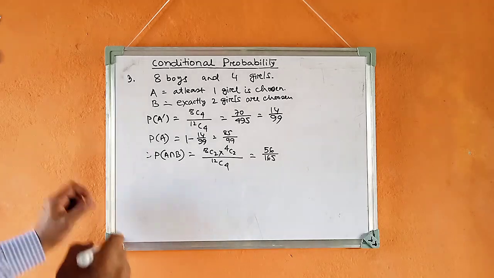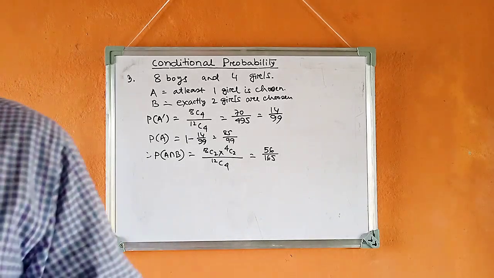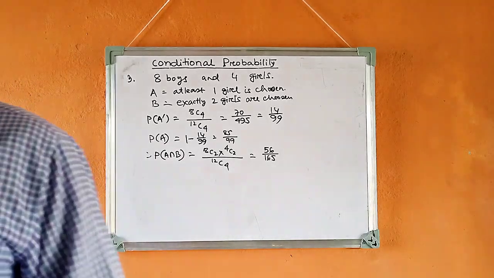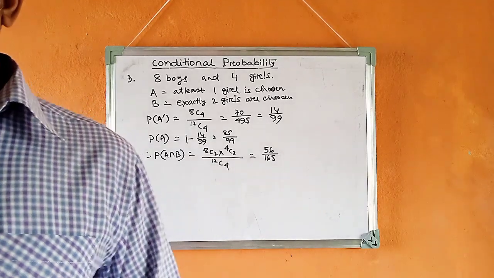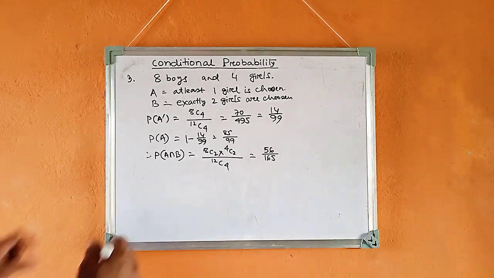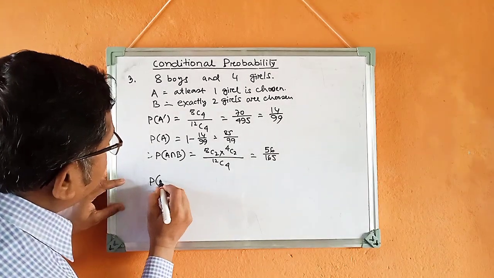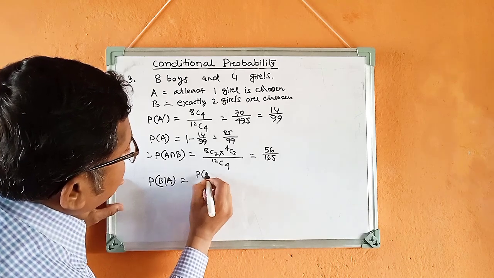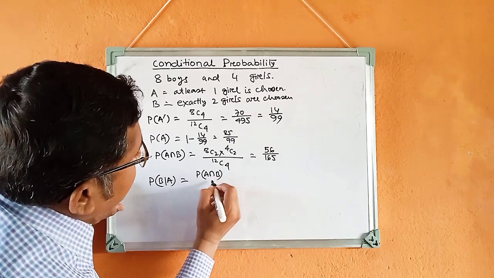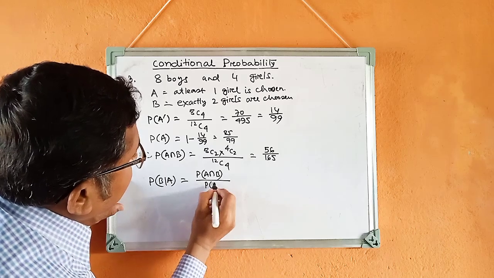Now the next question is to find the probability that there are exactly two girls in the committee, so P(B given A). P(B given A) equals P(A intersection B) divided by P(A).